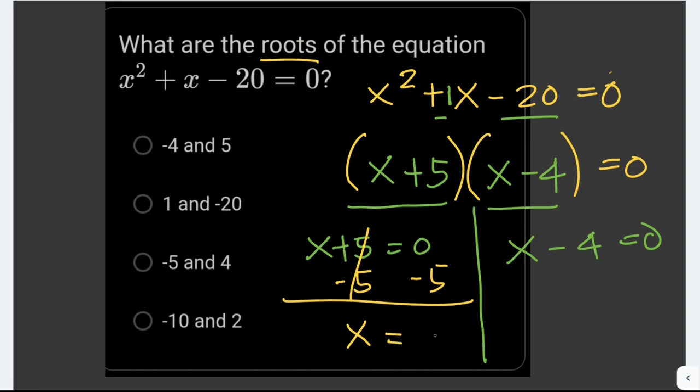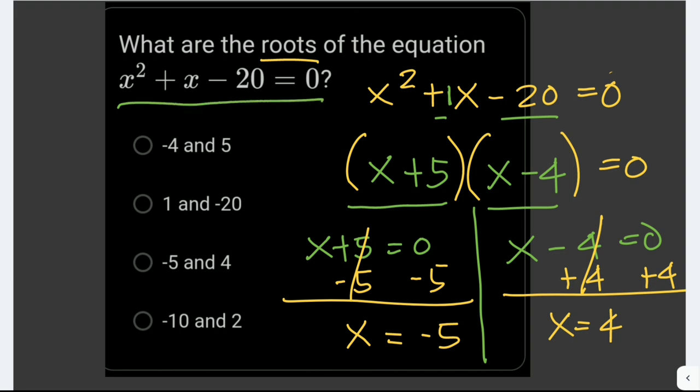Then the value of x here is negative 5. And then we add 4 to both sides. Then x is equal to 4. Therefore, the roots of x squared plus x minus 20 are negative 5 and positive 4. So the answer here is this one.